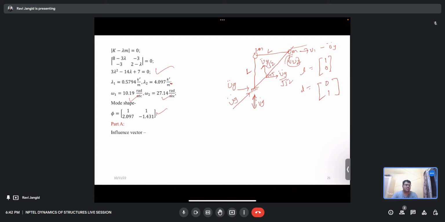So that is for u1, but this component is in the upward direction, while my degree of freedom u2 is in the downward direction, so that would be negative.